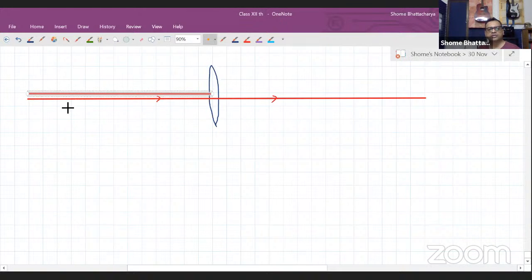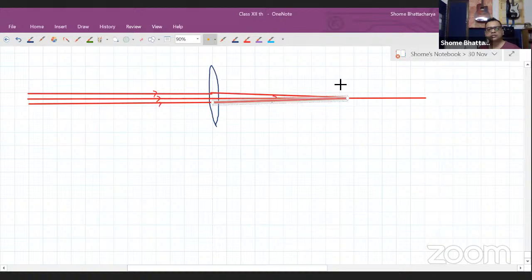So this is like the light coming from the source S1 which was lying on the principal axis. Its image will be formed where? Its image will be formed on the principal axis only, but at the focal plane. So this is like the approximate ray diagram.